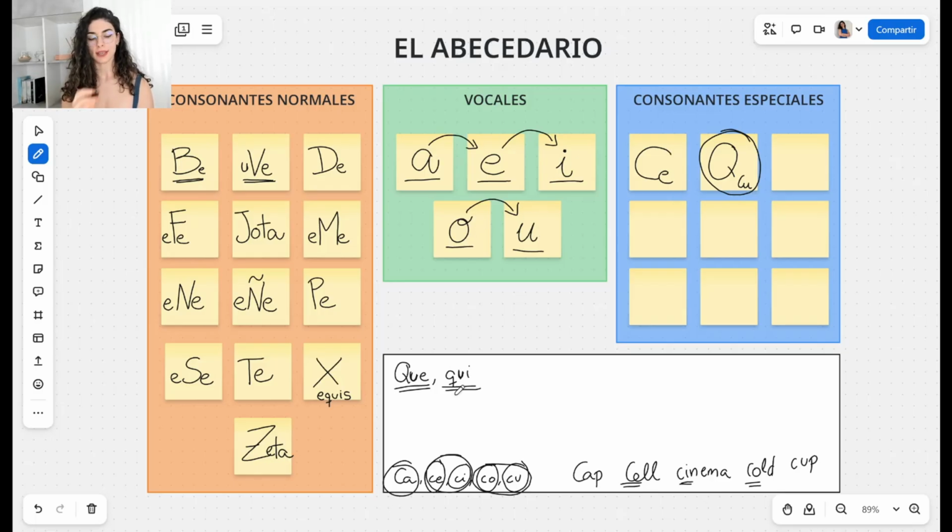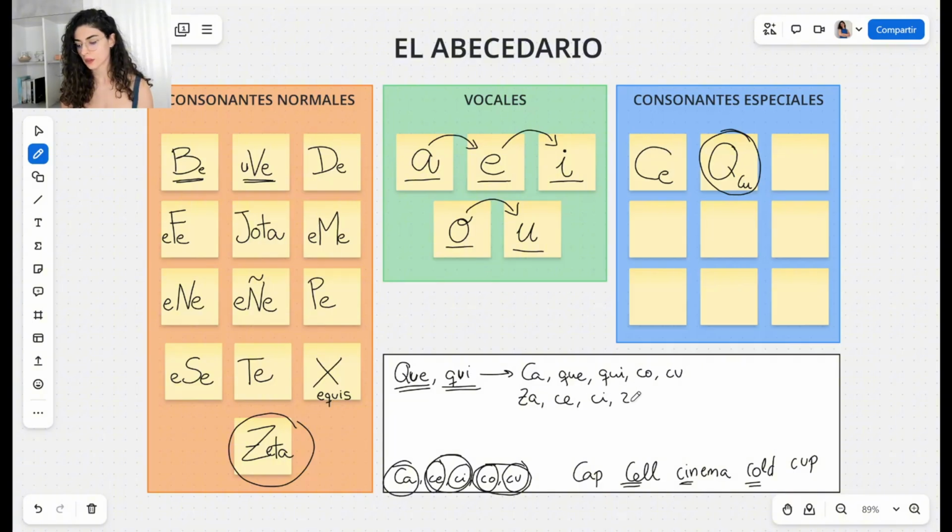So to say ka, ke, ki, ko, ku would be like this: ka, ke, ki, ko, ku. And then if you wanted to say tha, the, thi, tho, thu, you will have to go back to letter theta. It would be tha, the, thi, tho, thu.